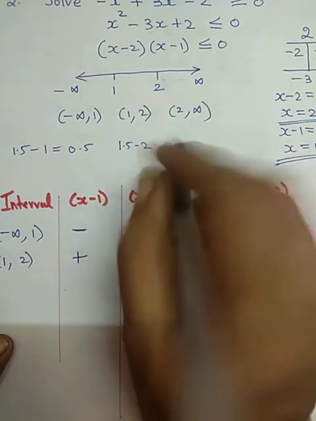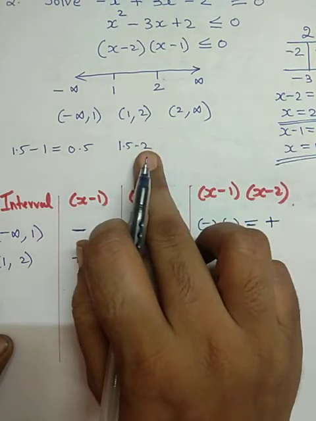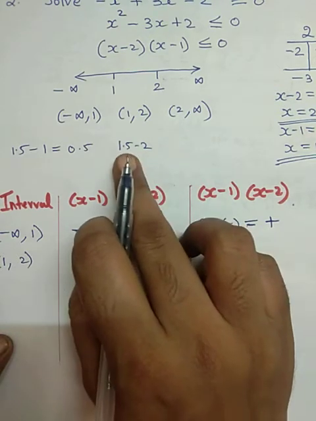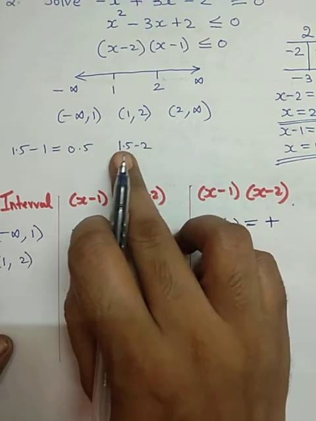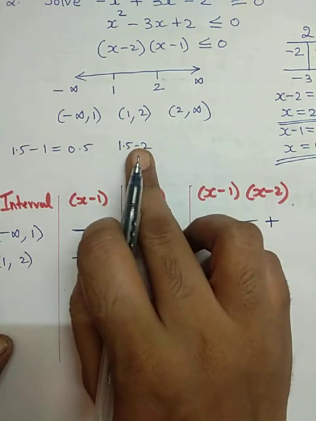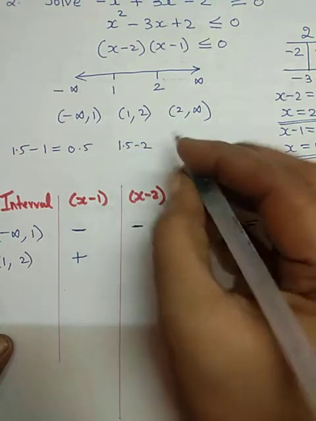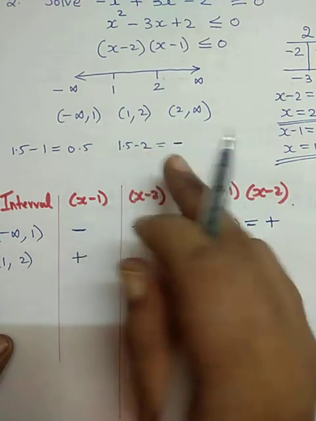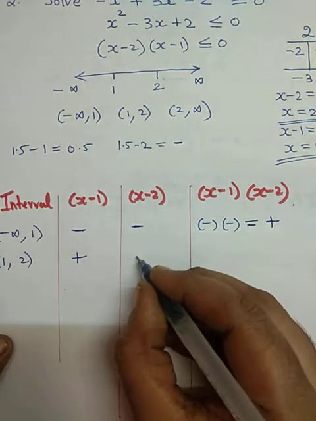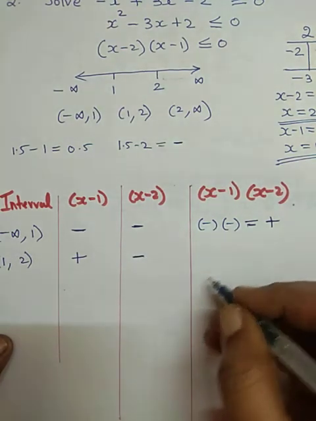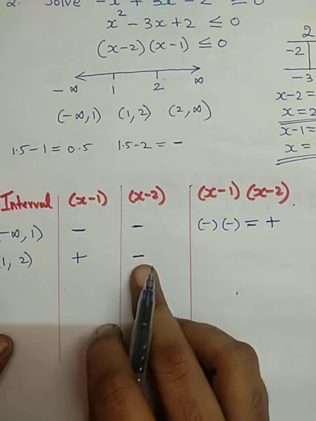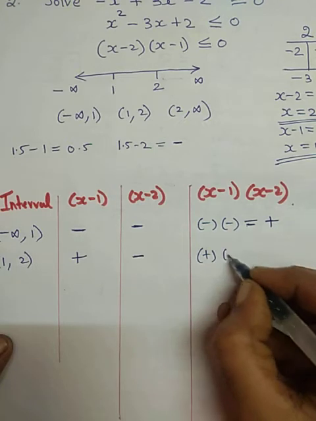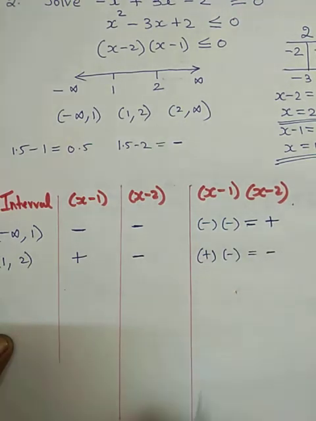In this, which is the greater number? It's not necessary that you have to subtract also. We know the rules of algebra. After subtracting, you will be putting the greater number's sign. So 1.5 minus 2 means whatever be the answer, you have to put a minus sign because 2 is the greater number. That makes our work much easier. Directly I can put the minus sign. So plus into minus, I will have minus.